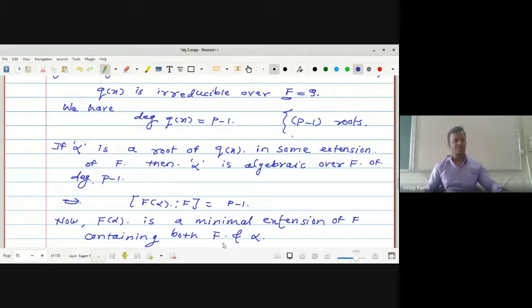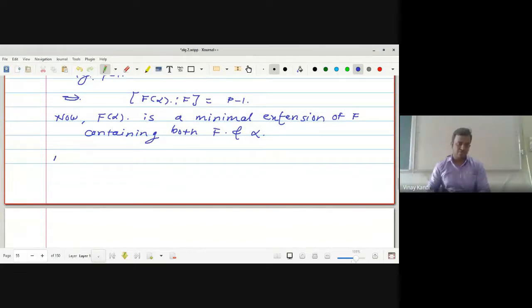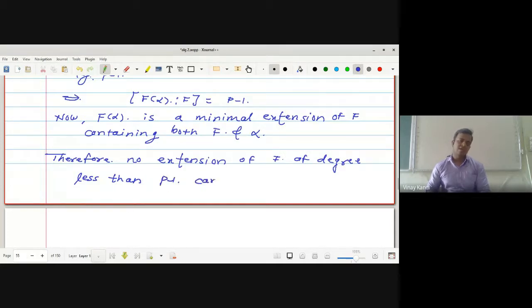So by the definition of splitting field, therefore no extension of capital F of degree less than p minus 1 can have a root alpha of q of x.